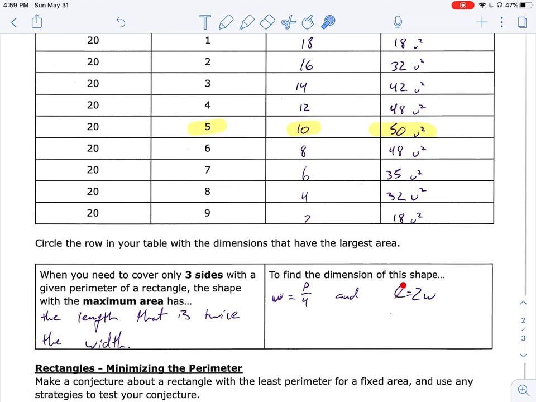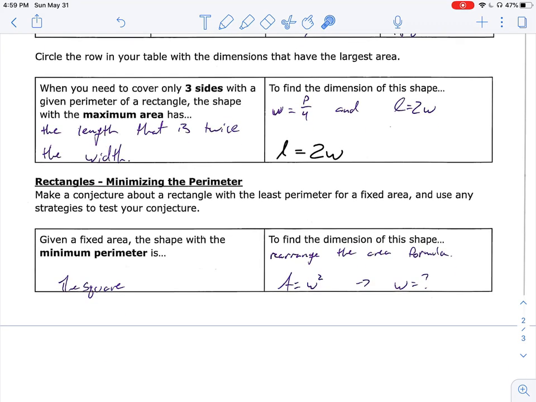But this time, our length must be 2 times the width. So basically, if you have a 3-sided figure, the length must be 2 times the width. That's basically the take-home message here when it comes to maximizing a 3-sided figure.